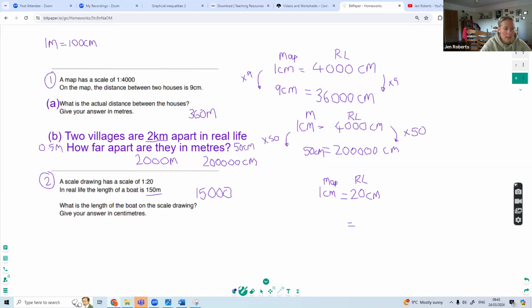We know the real life value, so I'm going to put it here. Here, what do we times 20 by to get 15,000? Divide it by 20, 750. So we're timesing that by 750.